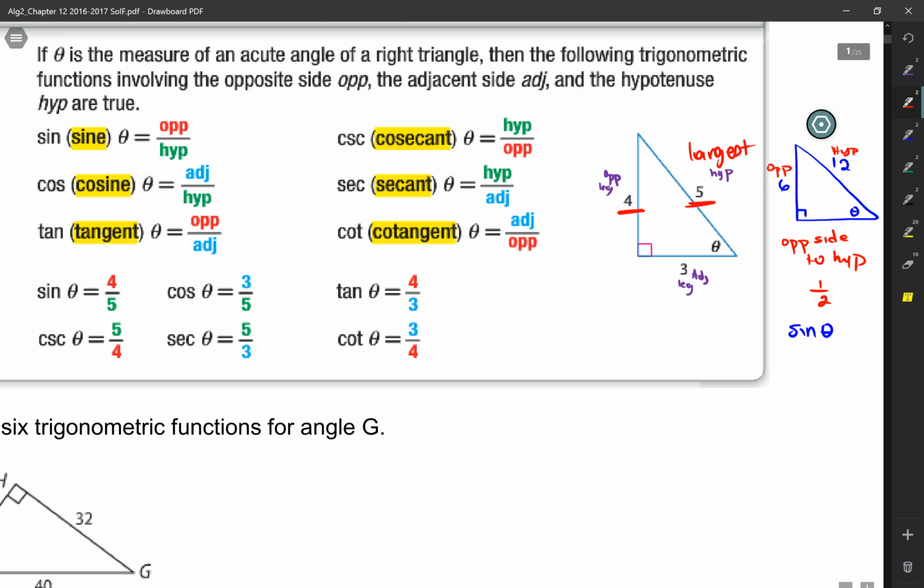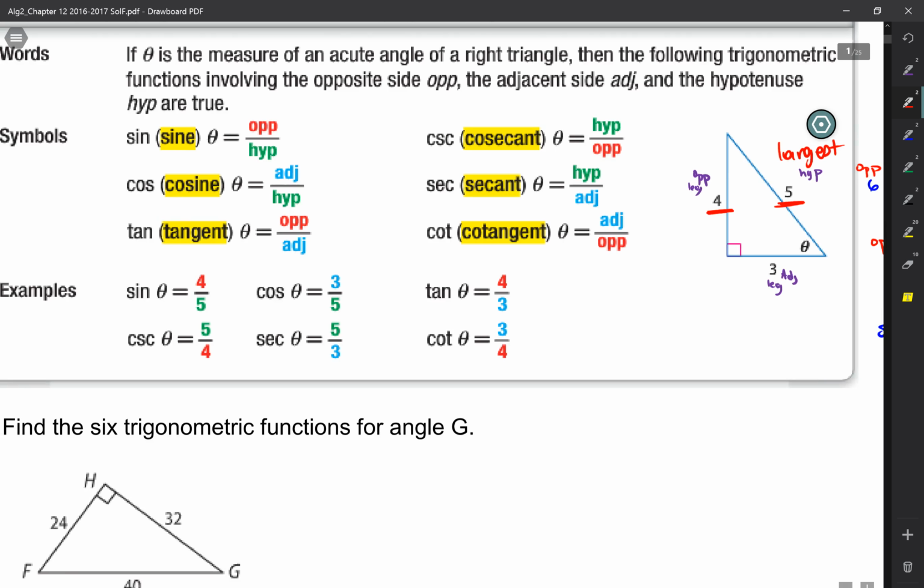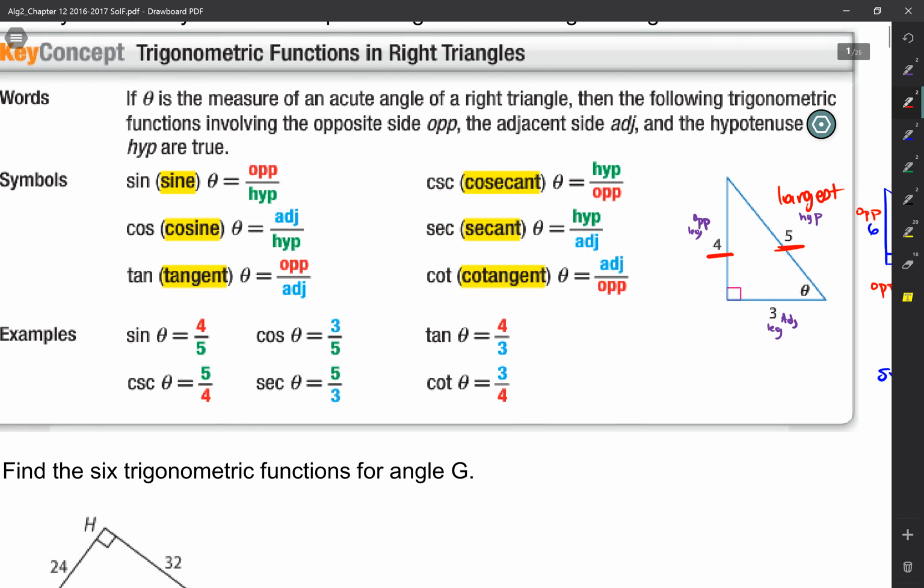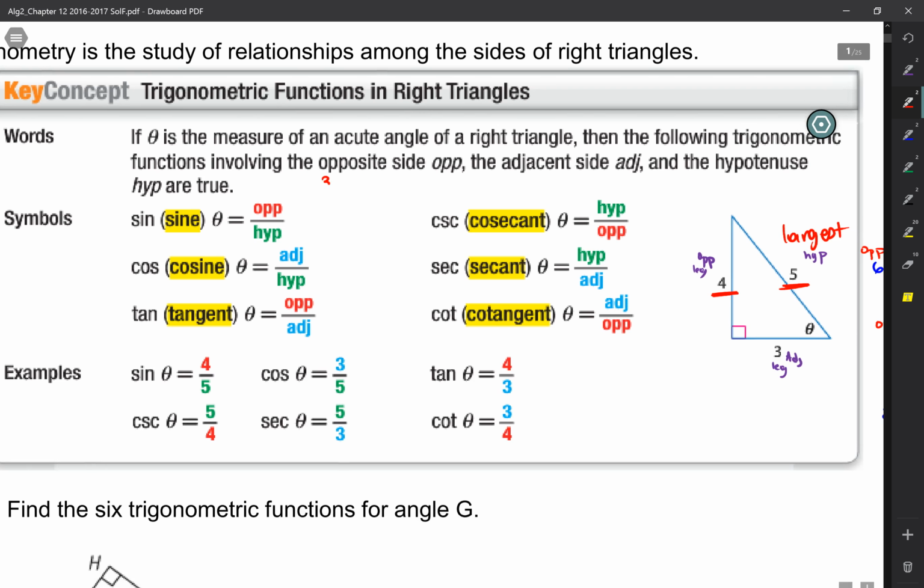So if the sine is going to be the opposite side to the hypotenuse, which of these two numbers is always going to be the bigger one? The bottom one is always going to be the bigger one. So sine of theta, for example, might look like 3 over 5. It might look like 6 over 7.